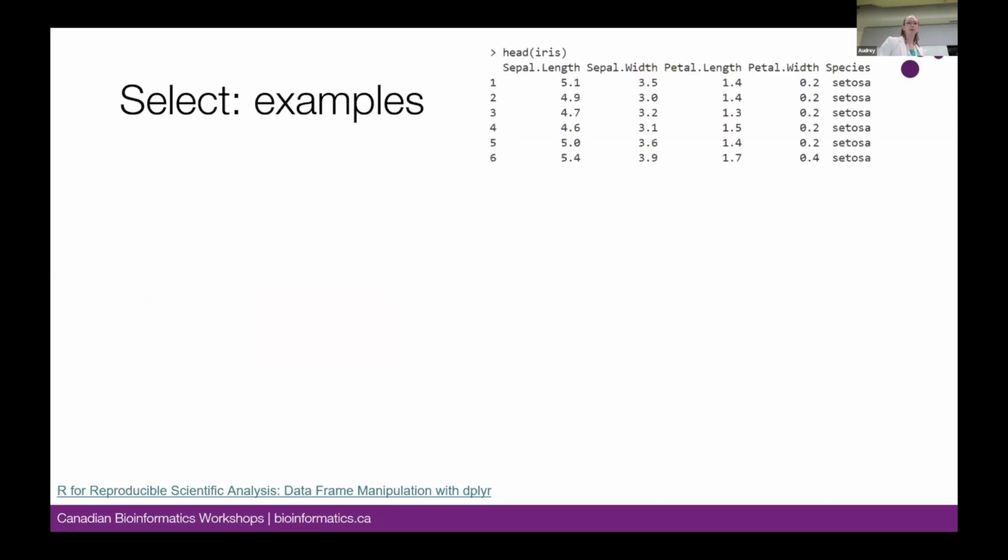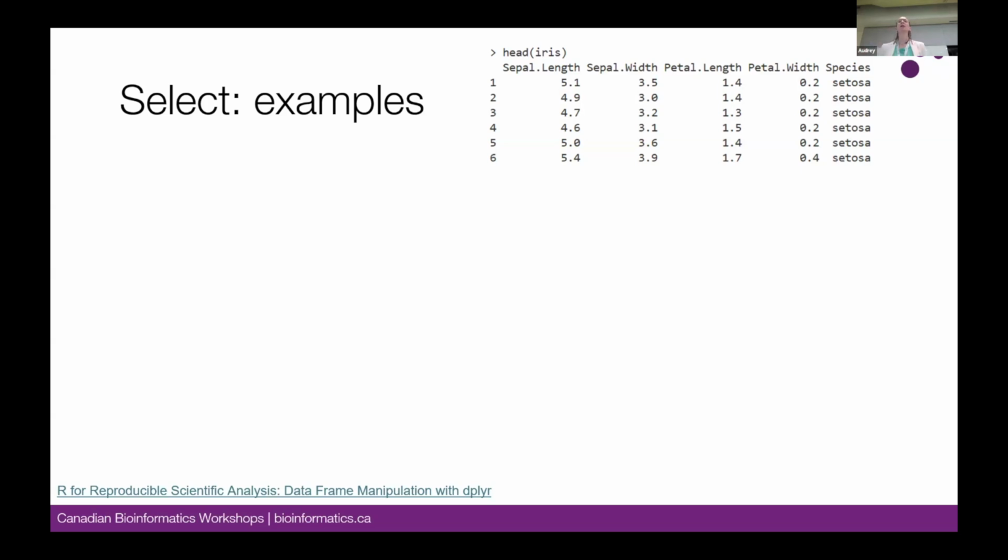One example, if we use iris, that's one of the data frames inside R. It's one of the data sets that is native to R. It has 4 different columns: the sepal length and width, the petal length and width, and then the species.